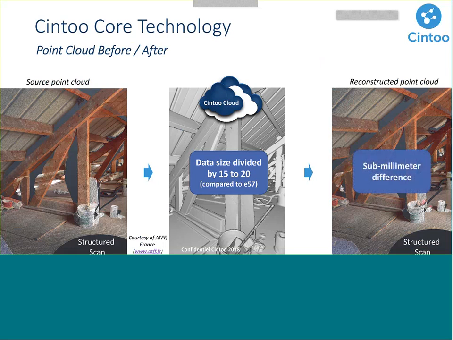If you compare the source point cloud to the reconstructed point cloud, you will hardly notice any difference. We have a sub-millimeter difference due to the compression, between 0 and 1 millimeter maximum, but on average around 0.5 millimeter, which is much below the noise of the scanner itself anyway. So there is no compromise on accuracy by doing this complete process.